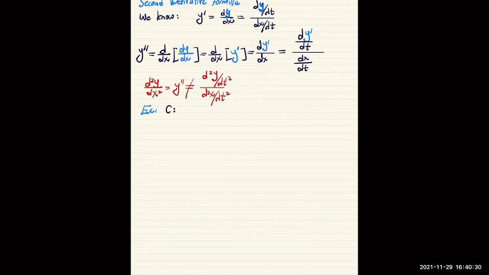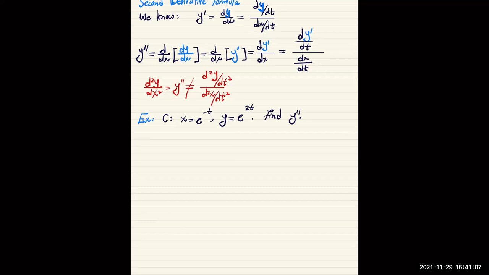So let's say we have this parametric curve. Let's say here x is e to the negative t, and y is e to the 2t. And here we want to find y double prime. Again, this tells us how fast the slope of the tangent line increases or decreases.